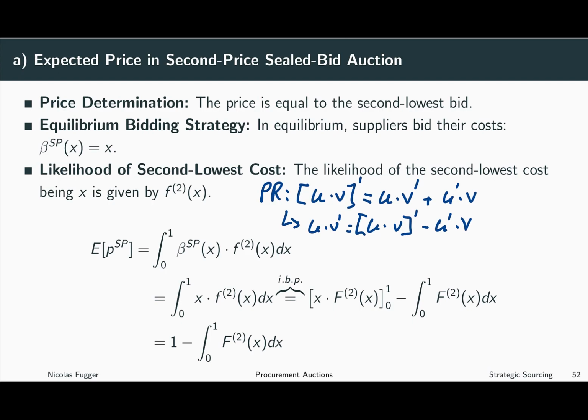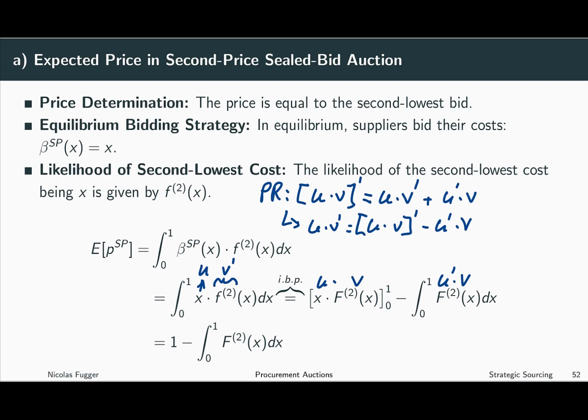If we set u equal to x and this equal to v prime, then we get here u times v, and here u prime, which is nothing but 1, times v, and get this expression.